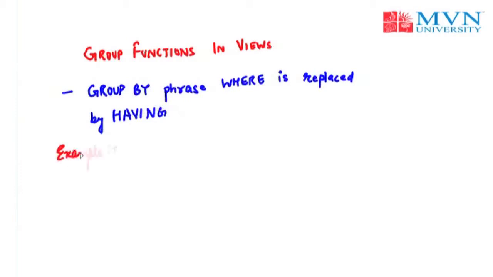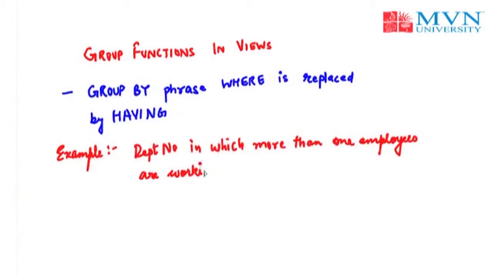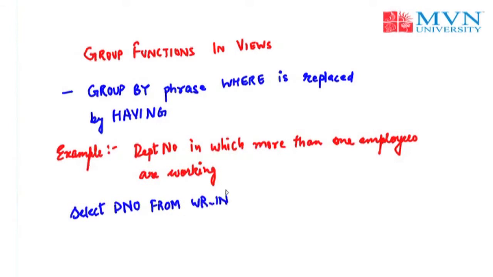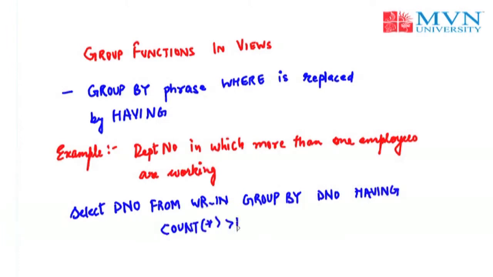For example, if you want the department numbers in which more than one employee is working, you have to write a query like select D number from the table, suppose the table is work_in, group by D number, having count star greater than 1. So this is all about the group by feature.